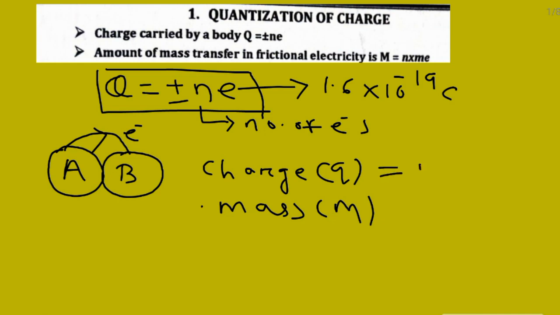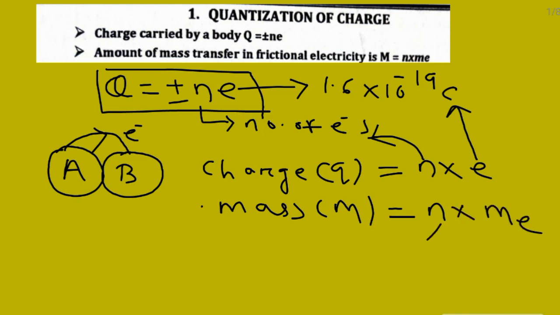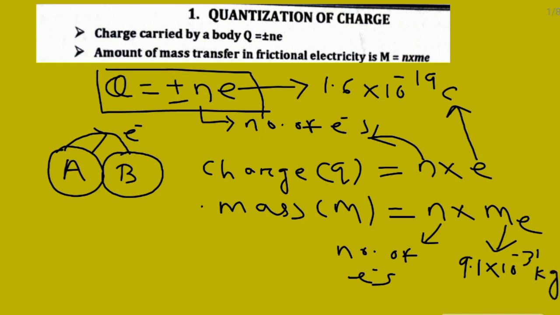Charge will be n into charge of one electron, where n is the number of electrons and e is the charge of one electron, and mass transferred is equal to n into mass of one electron, where n is the number of electrons transferred from one body to another body, and m is the mass of one electron, that is 9.1 into 10 to the power minus 31 kg.